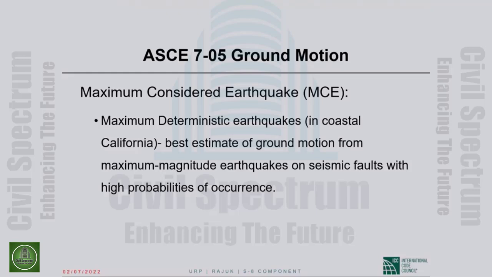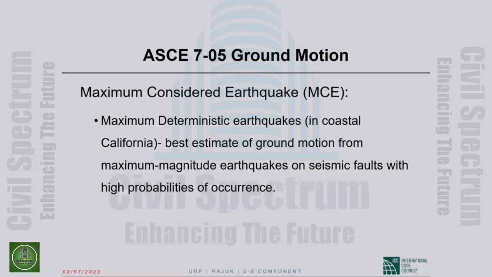That being the case, some of the best of them together decided that the maximum considered earthquake ground motion for coastal California shall be the ground motion from maximum magnitude earthquakes on seismic faults with high probabilities of occurrence.